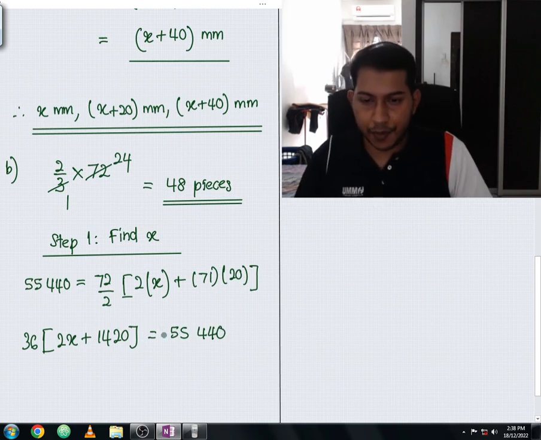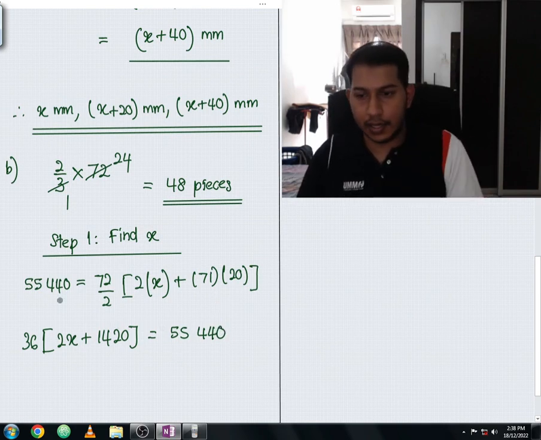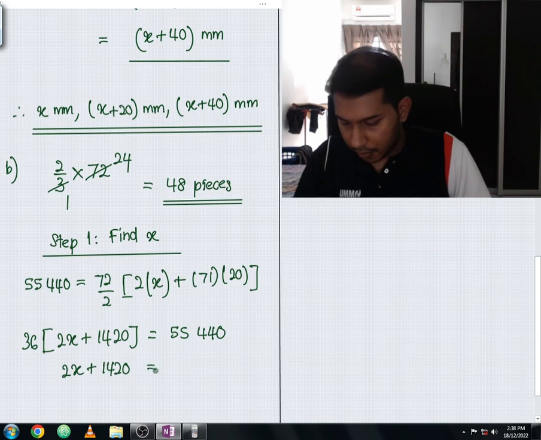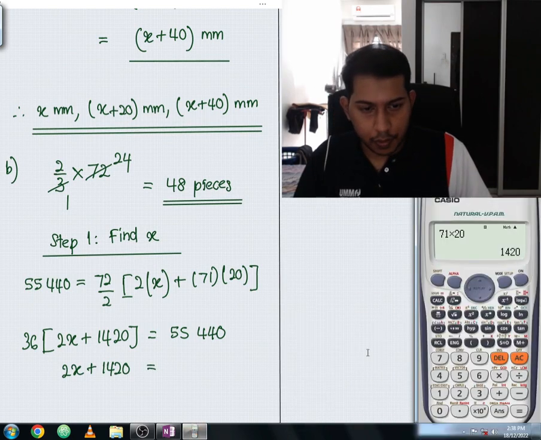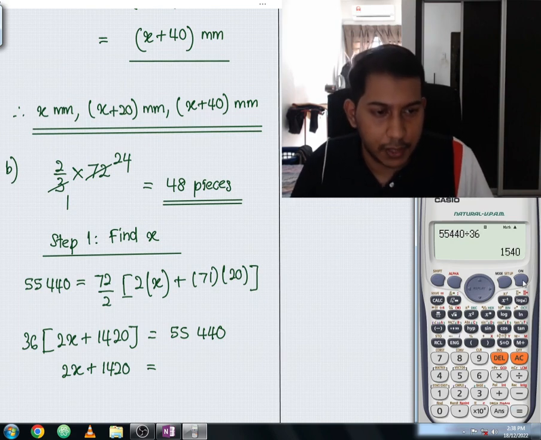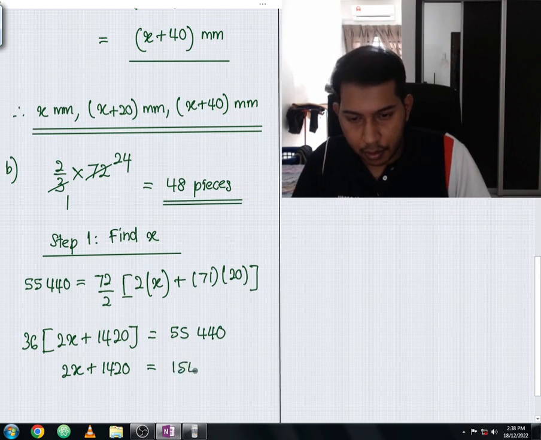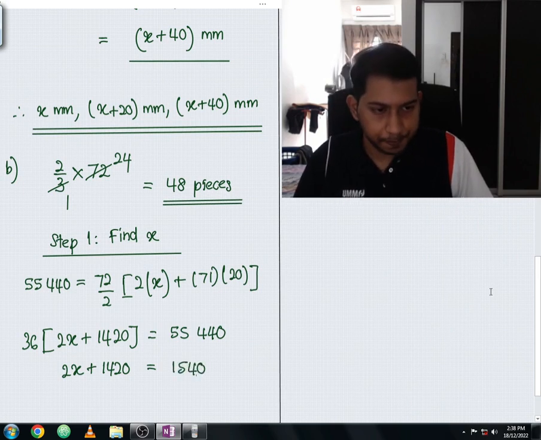For the next step, you divide 55,440 by 36. So 2x plus 1420 equals 55,440 divided by 36, which is 1540.